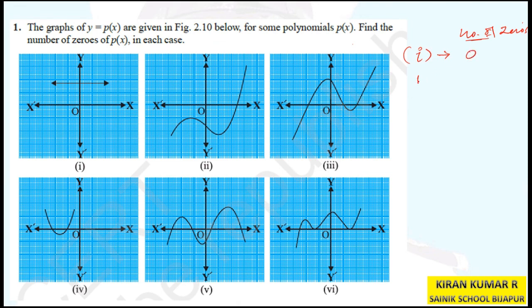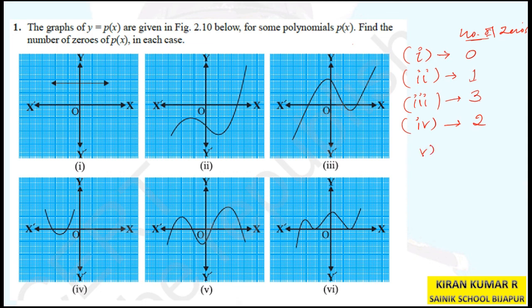In the second figure, we have one zero. In the third figure we have 3 zeros. In the fourth figure we have 2 zeros.